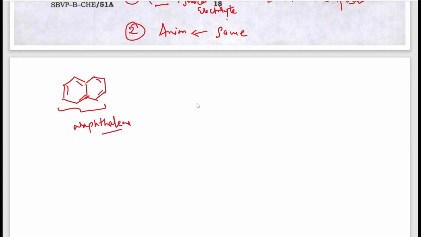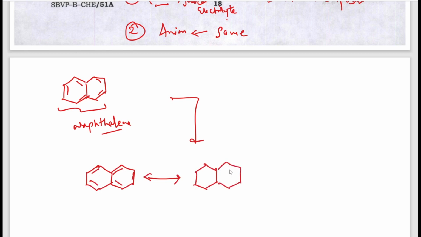In the case of naphthalene, three resonating structures exist.